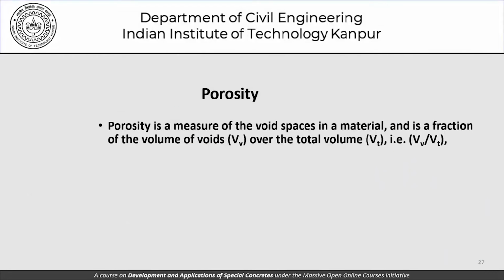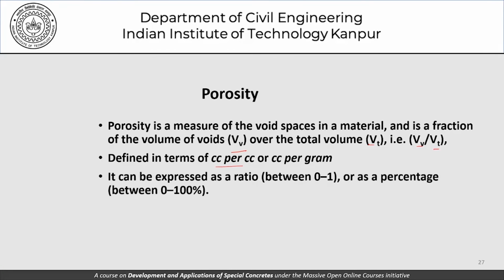Porosity basically is a measure of the void space in the material. It's a fraction of the volume of voids to the total volume, that is VV by VT. It could be defined in terms of cc per cc or cc per gram, and it can be expressed as a ratio between 0 and 1 or as a percentage.